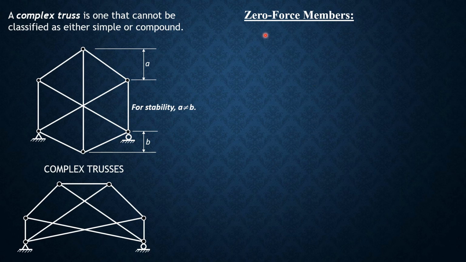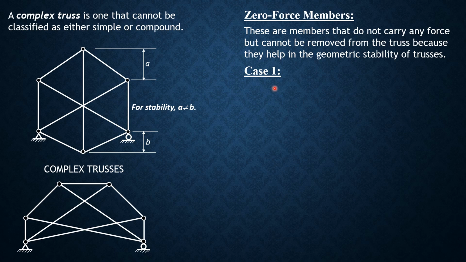So remember the criterion for stability of trusses. There are two cases only to identify them. Case one: if there are two forces that are not collinear, then its force is zero.